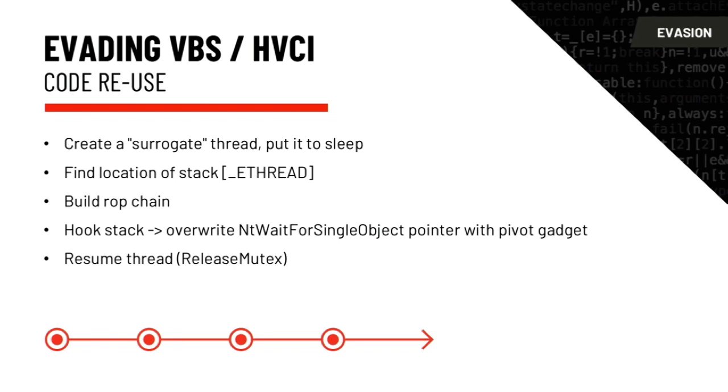Then you can locate its ETHREAD structure. From there, there's a pointer to the kernel stack associated with that. You can scan through the stack and find a function pointer like NtWaitForSingleObject. You can overwrite that function pointer with a pivot gadget, and after you resume the thread, that will start executing, and you've diverted the flow of execution.